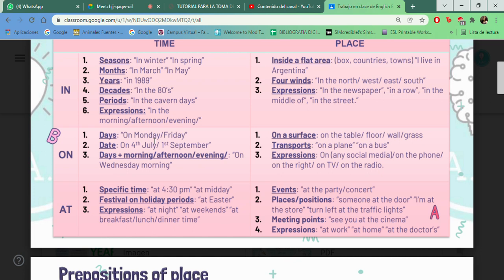Perfect. Then at weekends, it's British English. On weekends, it's American. Then we have at breakfast, lunch, or dinner time. That will be a specific time, right? So I always make spaghetti on Sundays at lunchtime, for example.